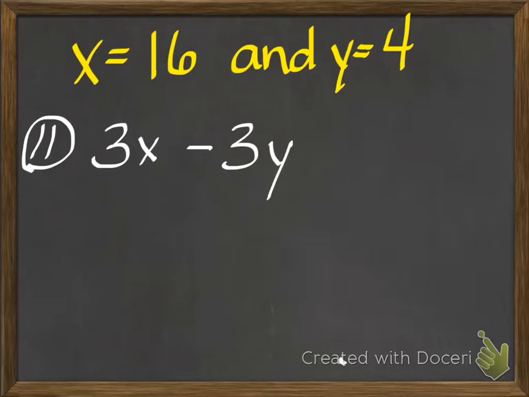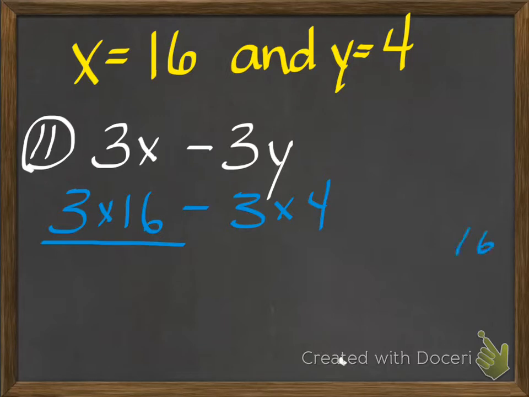Okay, so we know that if x is 16, this 3x means 3 times 16, and 3y means 3 times 4. Use the order of operations. That means you're going to multiply and divide from left to right. 3 times 16, so you could just do that in the corner. 3 times 16, 6 times 3 is 18.